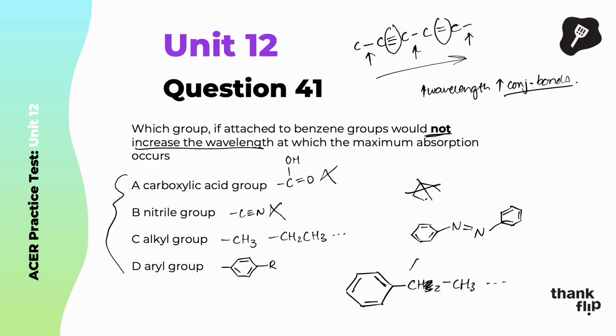This means that there's not any extension of the conjugation, which means that the wavelength is not going to be increased. Okay, and so you can confidently circle C as your correct answer without even knowing what an aryl group is. An aryl group is a little bit more advanced organic chemistry. It could be helpful if you do know this, but having that basic knowledge of these three groups is going to be sufficient to be able to answer this question.